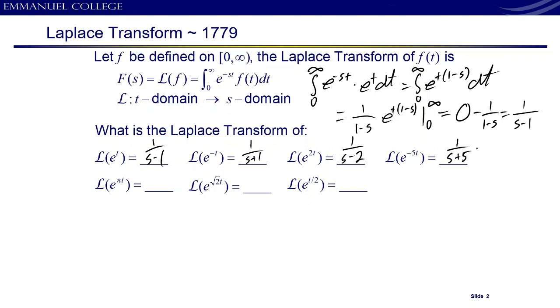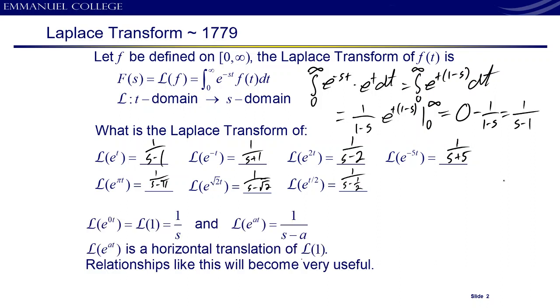Minus 5, plus 5, positive pi, negative pi, positive square root of 2, negative square root of 2. This one would just be 1/2, so this is 1 over s minus 1/2. So in general, the Laplace transform of e to the alpha t is 1 over s minus alpha.